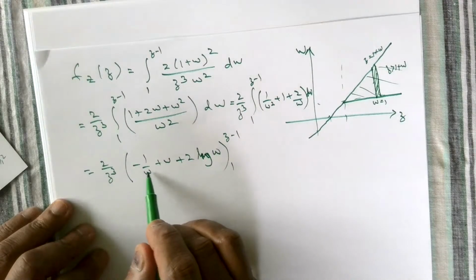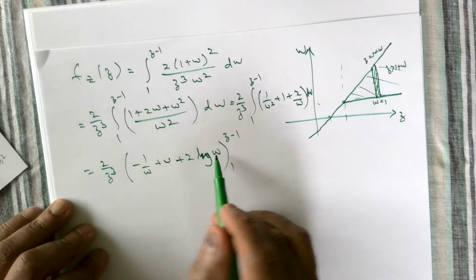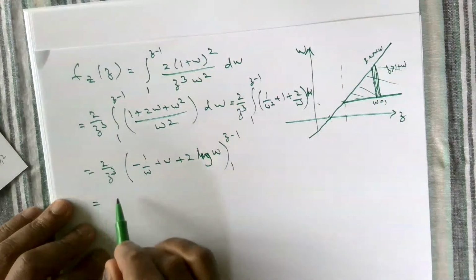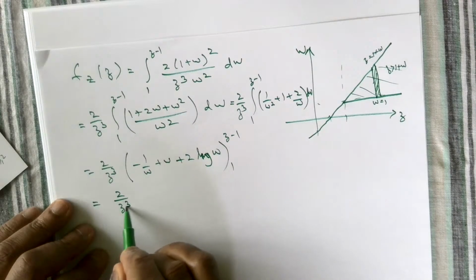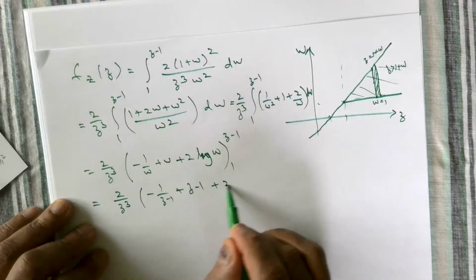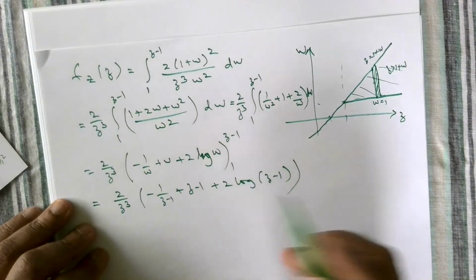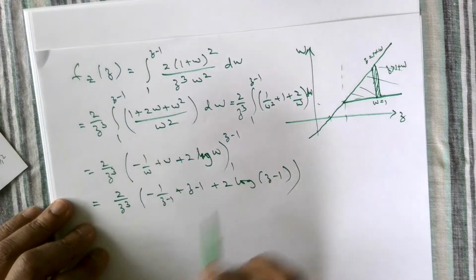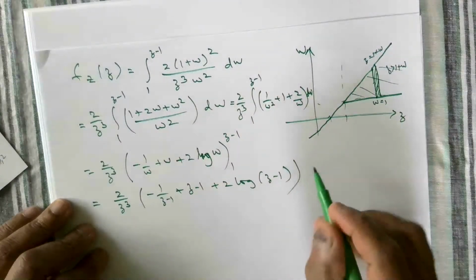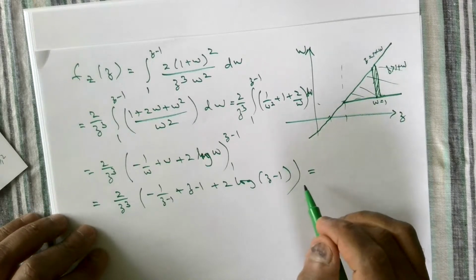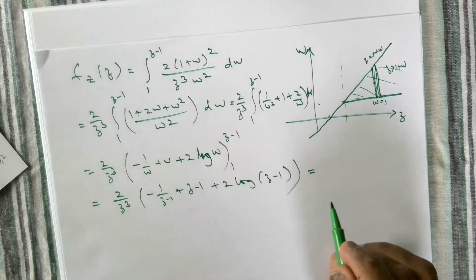If you substitute 1 here, this becomes minus 1 plus 1, so that goes away. This becomes 2 log 1, that's gone away. In other words, the contribution due to 1 is 0. So all we need to worry about is the z minus 1 terms: minus 1 over (z minus 1) plus z minus 1 plus 2 log (z minus 1). So we can leave it like this, or let me simplify this. And how do I know this is right? So let's simplify and see whether I can check the area under this to be 1.